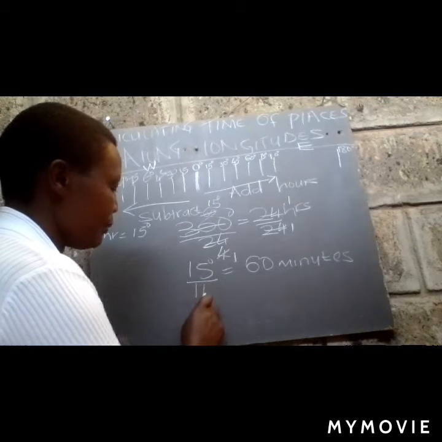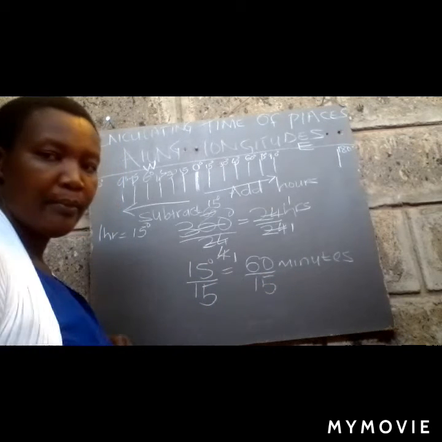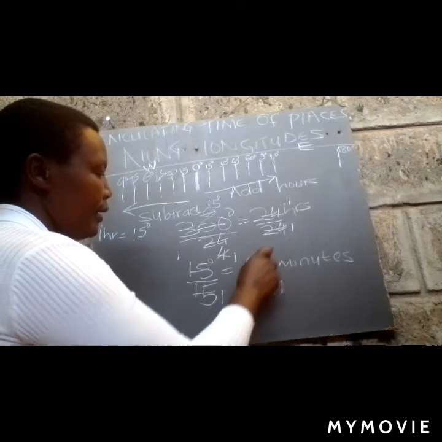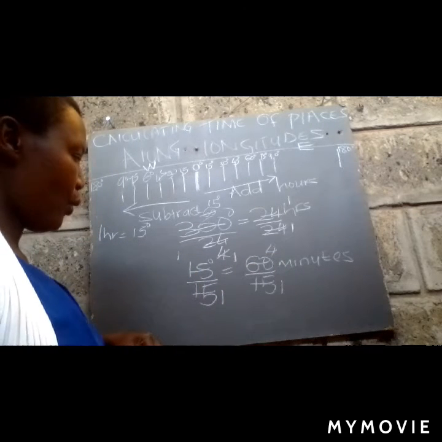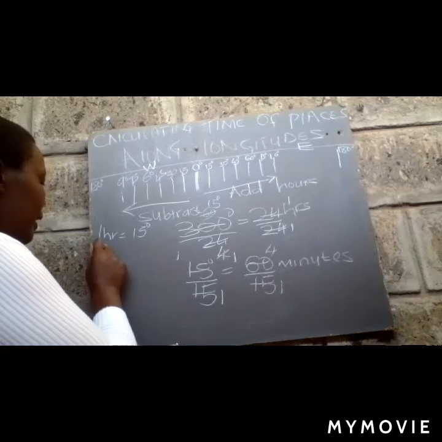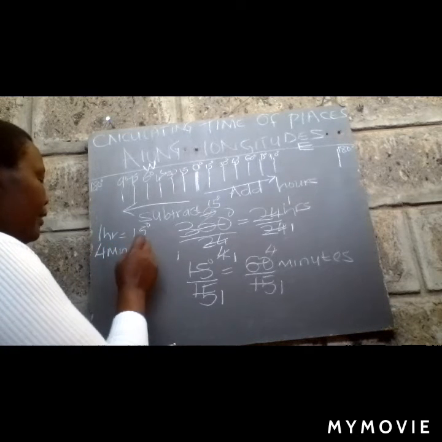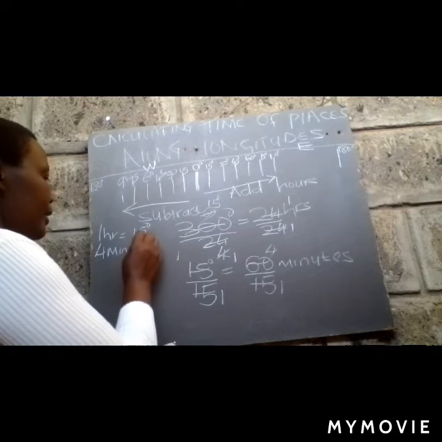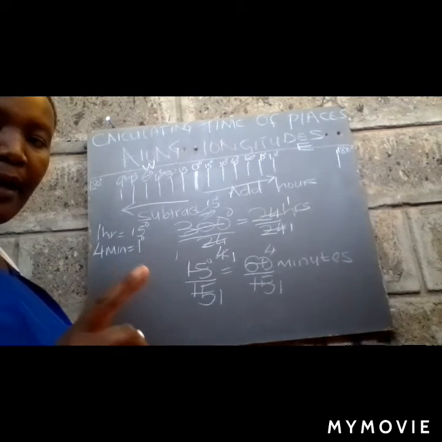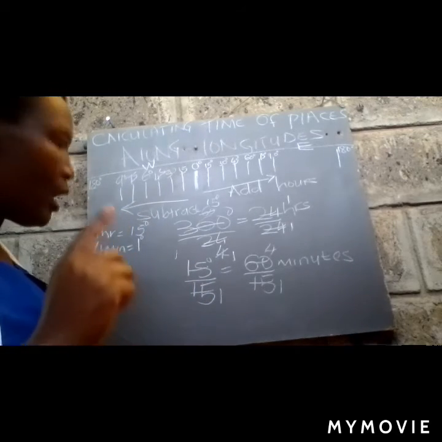We shall divide 60 by 15, and you get 4. So, in every 4 minutes, the earth rotates 1 degree. 1 hour, 15 degrees. 4 minutes, 1 degree.